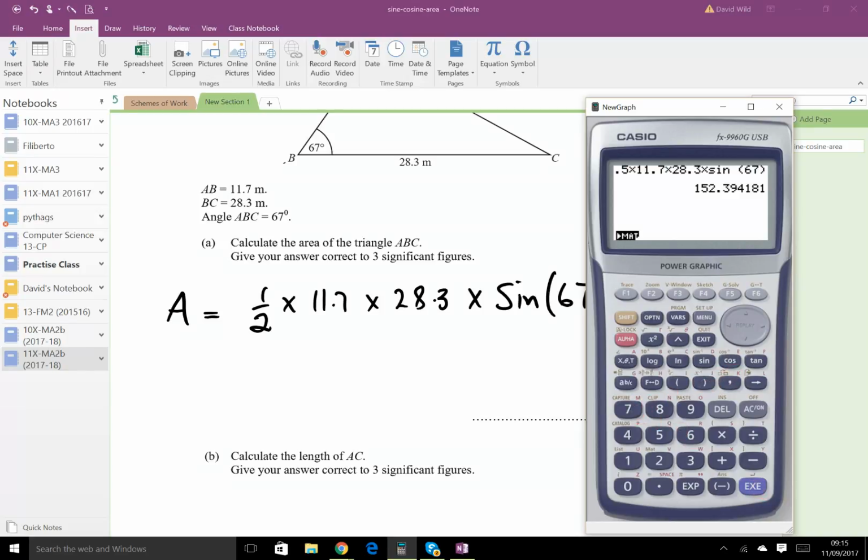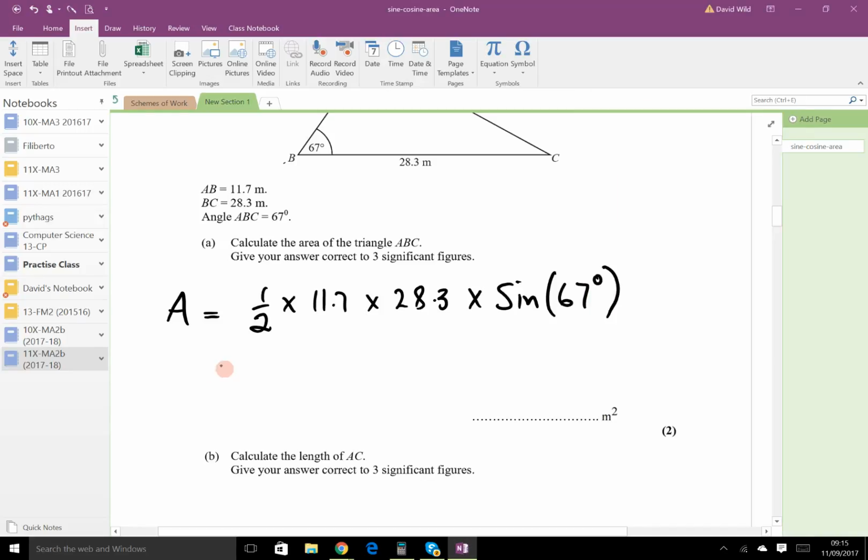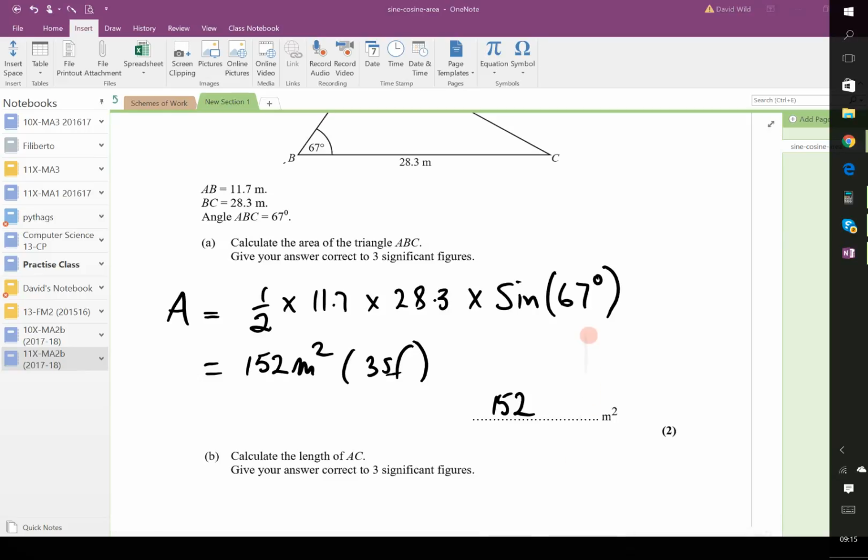And we get an answer of 152.4. But it asks us to three significant figures, so 152, and this is meters, so the area is meters squared. And that is three significant figures, 152 meters squared.